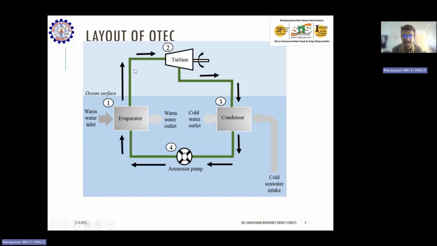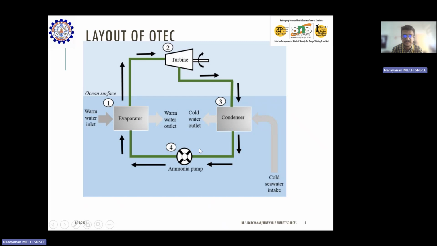And the steam is sent to the turbine where mechanical energy is produced, and the remaining steam is sent to the condenser where the cold water from the deep sea is utilized to convert steam into liquid again, and again the cycle continues. So in this particular drawing, ammonia is the working fluid.